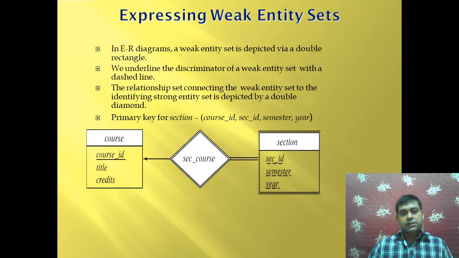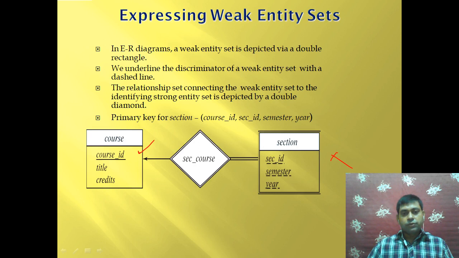Now here is the detailed explanation of the weak entity. Course ID, and this is the identifying relationship, the total participation of the section. If the course is not there, the section ceases to exist. So section will be there if the course exists. That is why section has total participation, but the course does not.